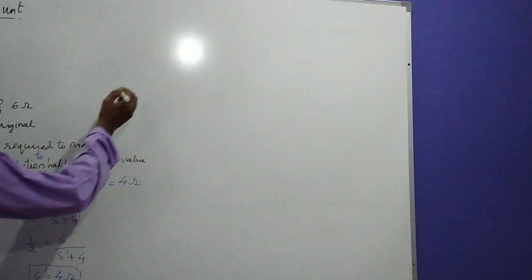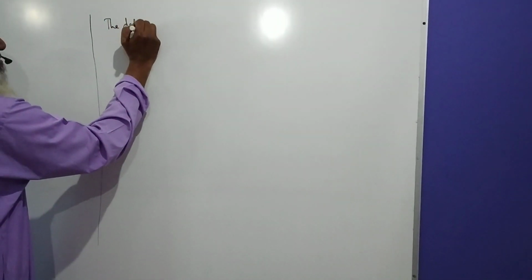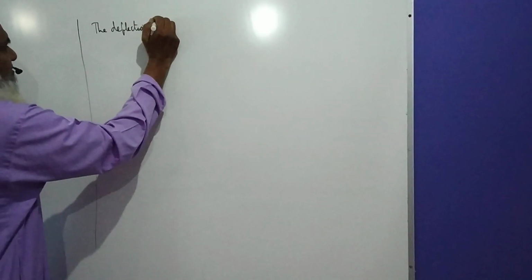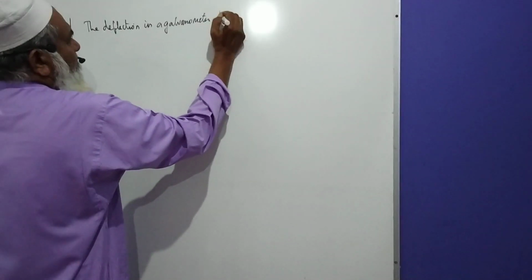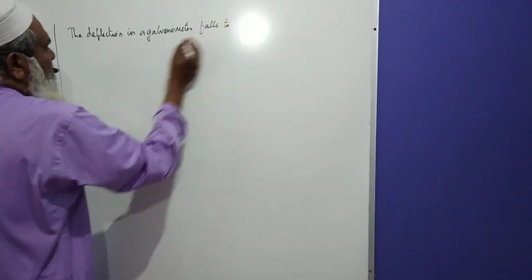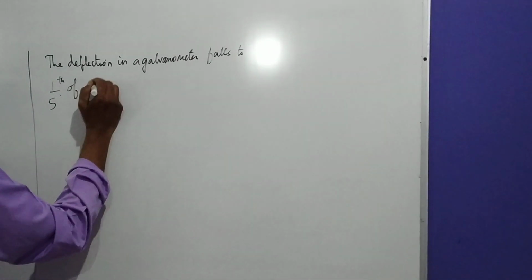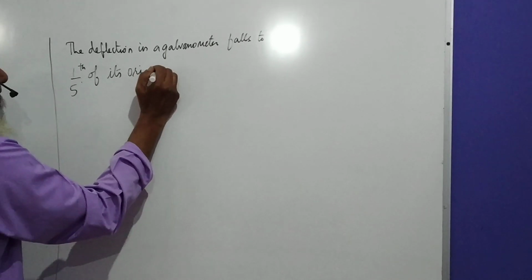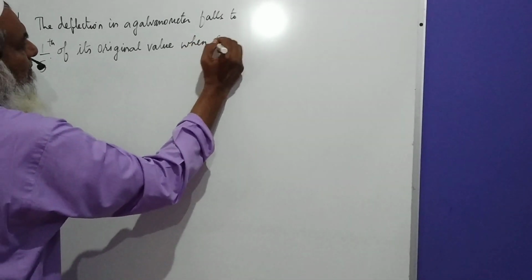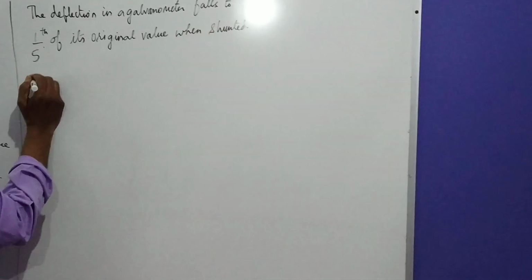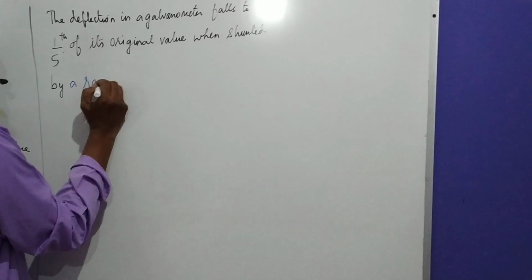Another question which can be asked for galvanometer is that the deflection in a galvanometer falls to say 1/5 of its original value when it is shunted by say a resistance of 4 ohm.